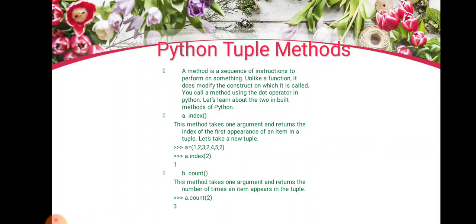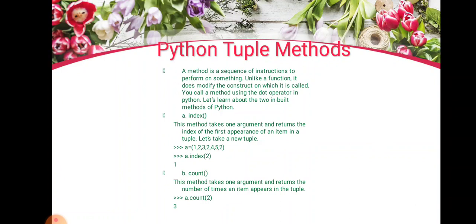And some more methods are there. Let me learn. Inbuilt methods: a dot index. The index method takes one argument and returns the index of the first appearance of an item in a tuple. Let me take an example. a equal to 1, 2, 3, 2, 4, 5, 2, which is a tuple.